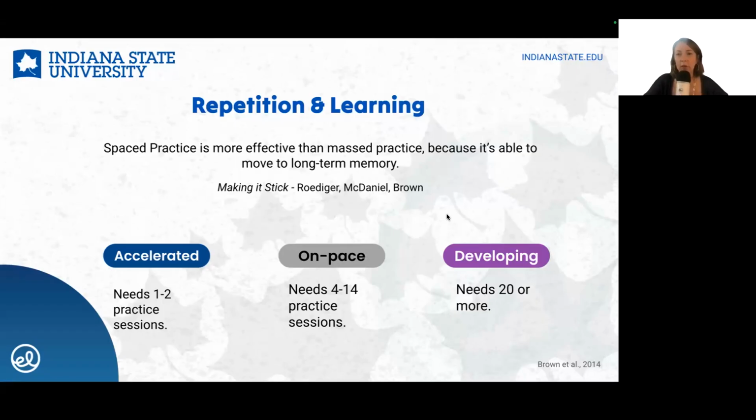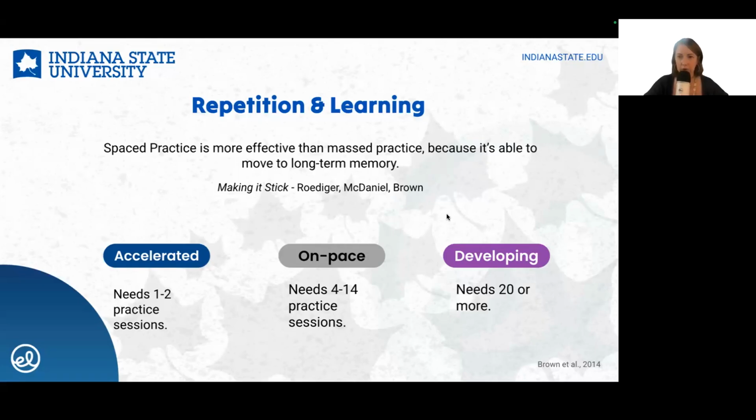So an accelerated learner, kind of those quick learners, might need only 1 to 2 practices with a concept or skill before they become independently proficient. On pace has a larger range, so anywhere from 4 to 14 practice sessions before they become proficient independently.